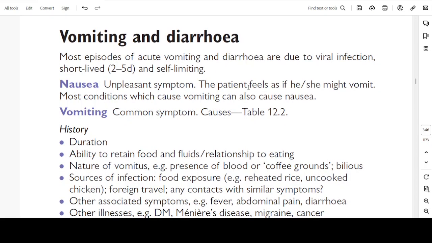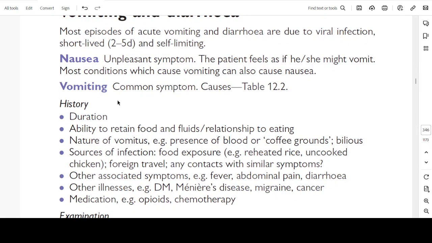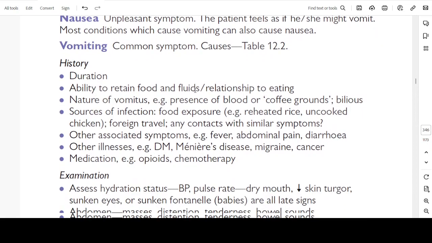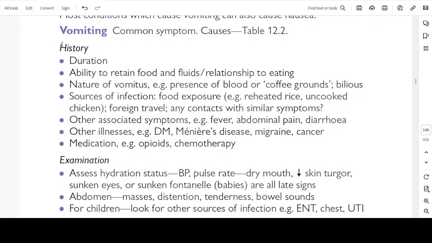Nausea is an unpleasant symptom. The patient feels as if he or she might vomit. Most conditions which cause vomiting can also cause nausea. Vomiting: common causes are given here, table 12.2. History: duration of vomiting, ability to retain food or fluids, relationship to eating, nature of vomitus, presence of blood or coffee ground, bilious vomiting, sources of infection like food exposure, reheated rice, uncooked chicken, foreign travel, any contacts with similar symptoms, other associated symptoms, for example fever, abdominal pain or diarrhea along with vomiting.